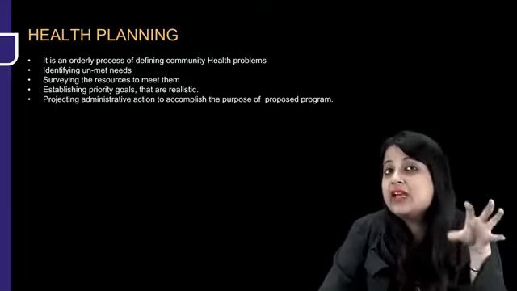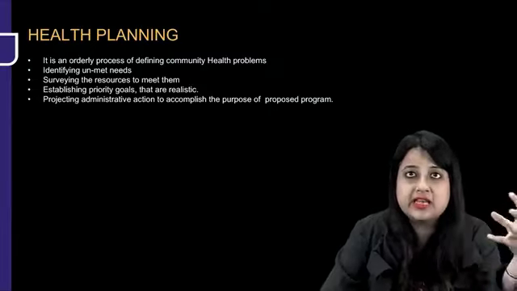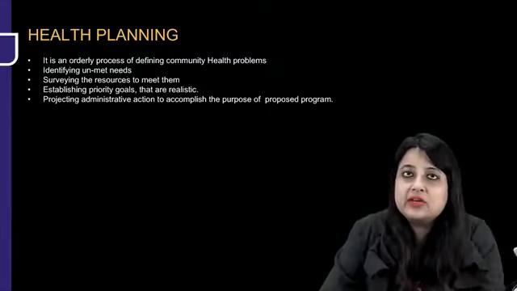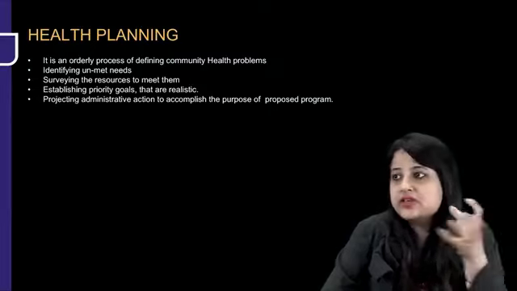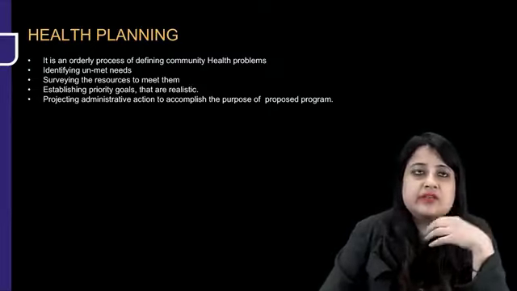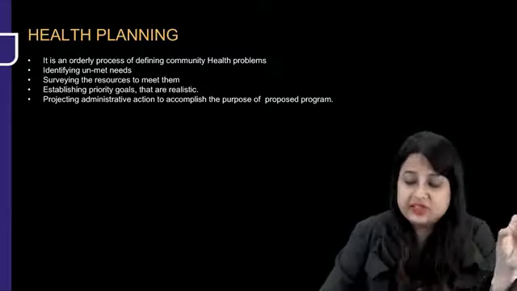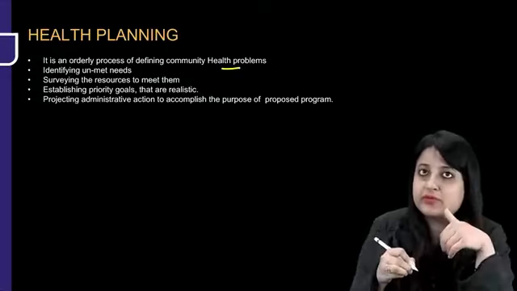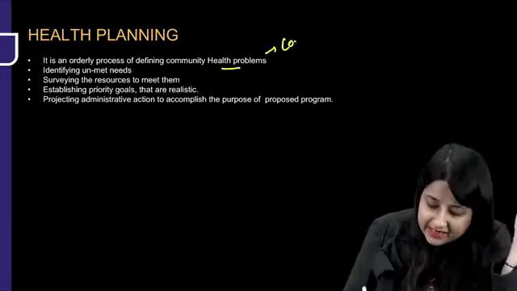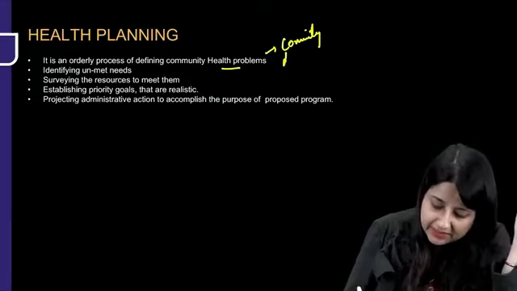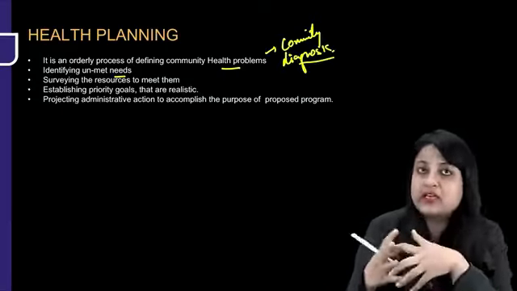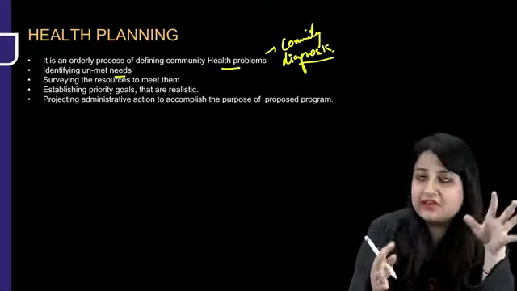So basically, when we have to do health planning for a community, I just can't go to any community and tell them start immunizing your children, start taking contraceptives, do this, do that. No, I first need to identify what the health problems are. Identifying the health problems here means making a community diagnosis. Then I have to identify the unmet needs, and then survey all our resources.